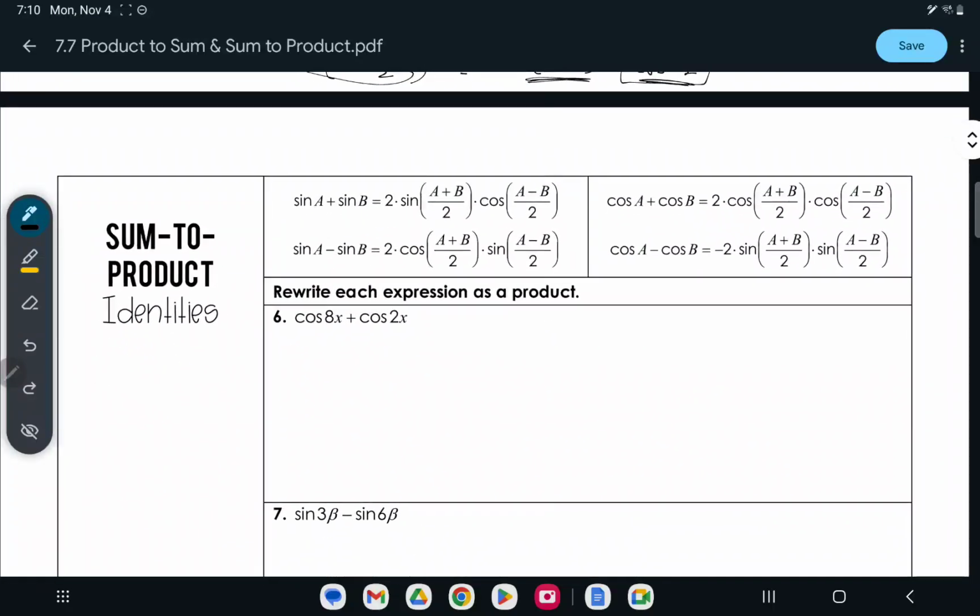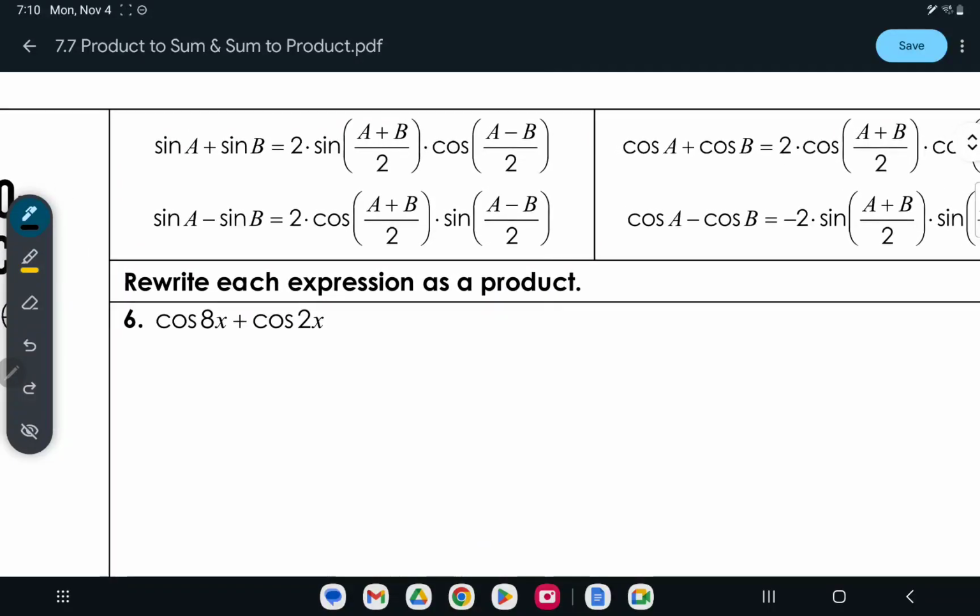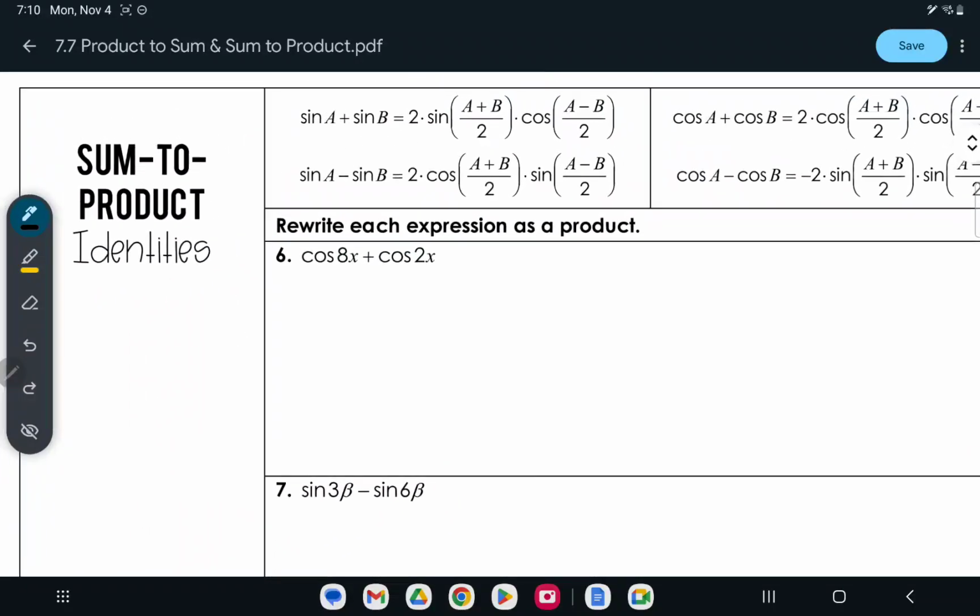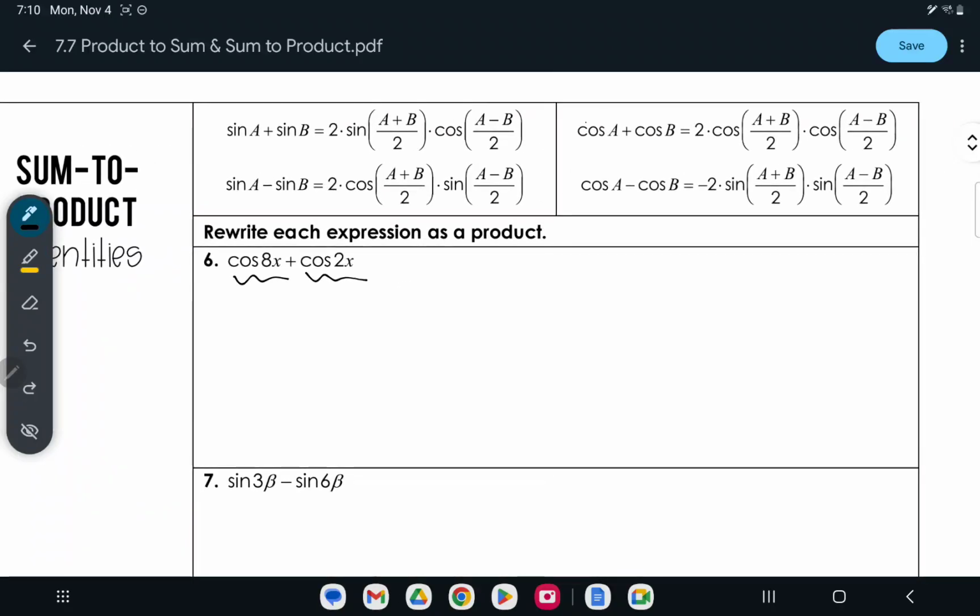Now let's go the other way, sum to product. So I have a cosine plus a cosine. So I'm going to use this formula. A is 8x, B is 2x. My formula, and I'll write it and fill it in as I go.